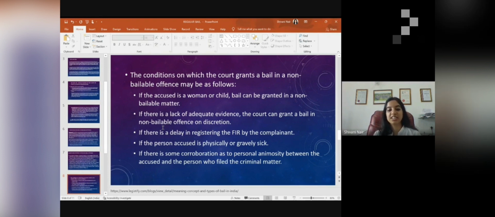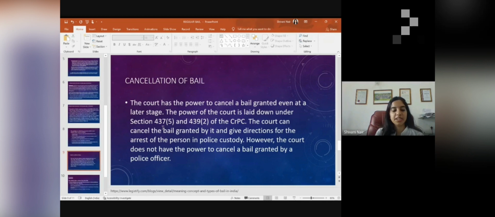If there is a delay in registering the FIR by the complainant, or if the accused is physically or gravely sick, like in the present case, if the accused is suffering from COVID-19 and has to seek emergency medical leave, in such a case bail could be granted even in cases of non-bailable offenses. Also, if there is some corroboration as to personal animosity between the accused and the complainant, even in such a case it can be granted.